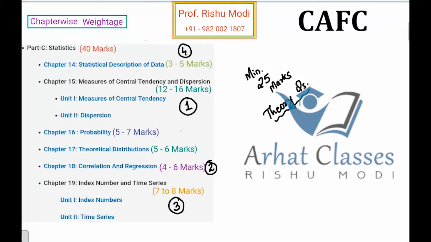So my priorities here come as 5th and 6th. For a non-math student or a math student, the priority has to be this way only. Chapter number 15 first, followed by chapter number 18, then chapter number 19, chapter number 14, and lastly those two chapters, 16th and 17th. So that is the weightage of part C, statistics.